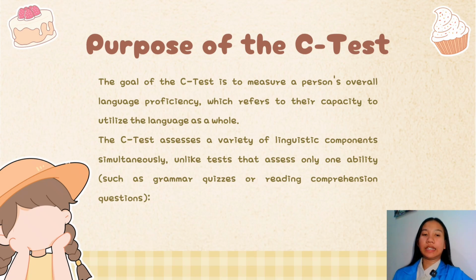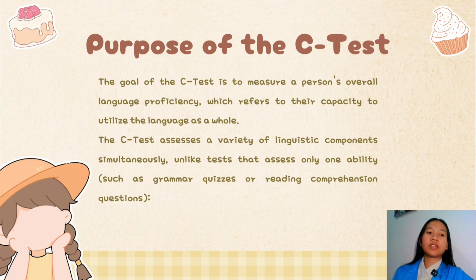Purpose of the C-test. The goal of the C-test is to measure a person's overall language proficiency, which refers to their capacity to utilize the language as a whole. The C-test assesses a variety of linguistic components simultaneously, unlike tests that assess only one ability, such as grammar quizzes or reading comprehension questions.